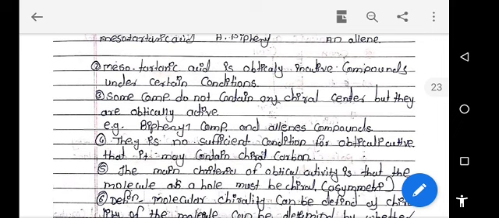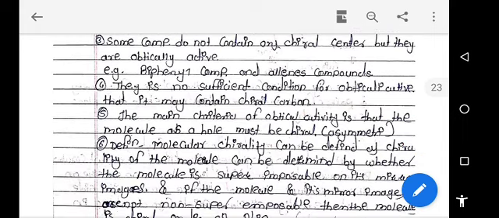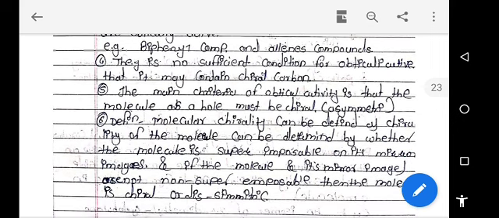Some compounds do not contain any chiral center, but they are optically active. Examples: biphenyl compounds, allene compounds. The presence of chiral carbons is not a sufficient condition for optical activity. The main criterion of optical activity is that the molecule as a whole must be chiral.